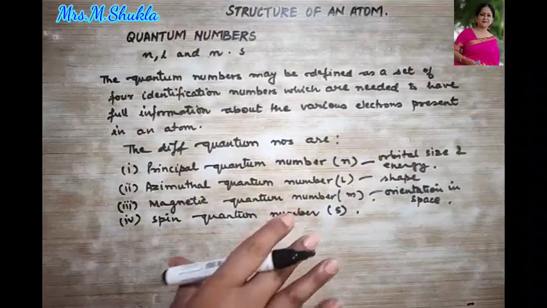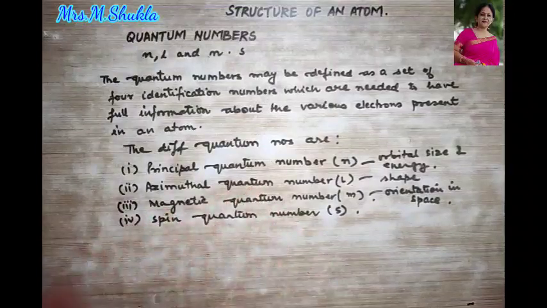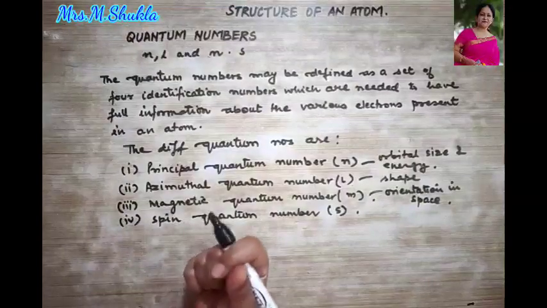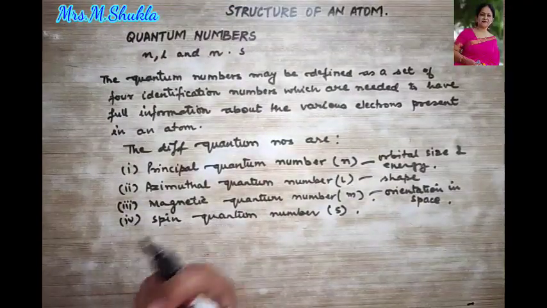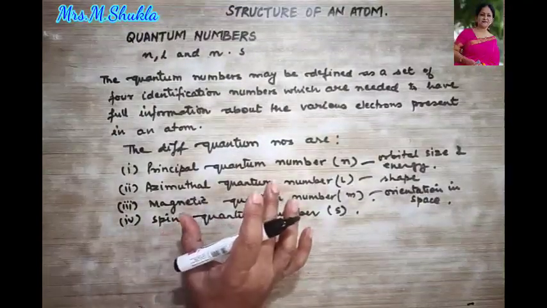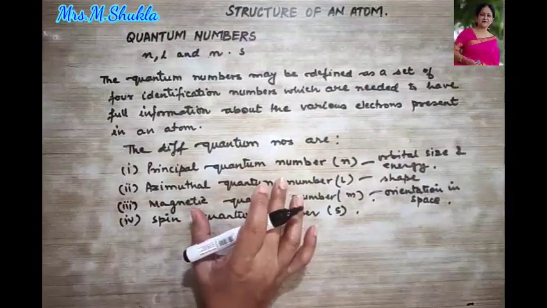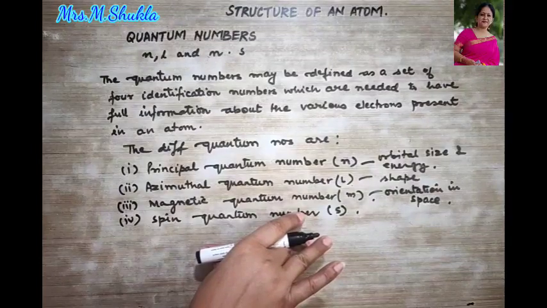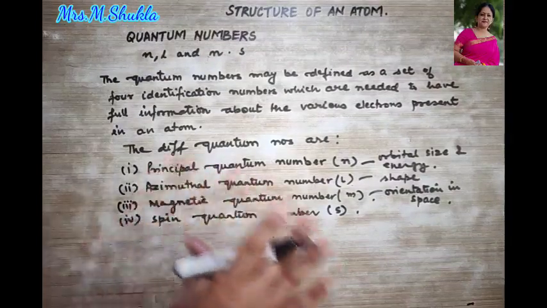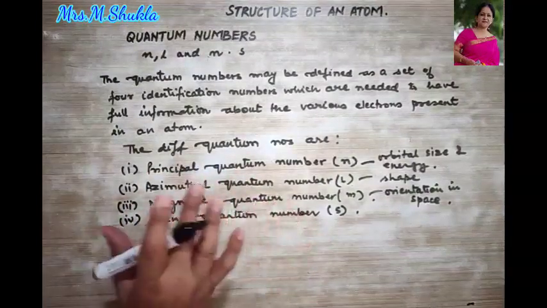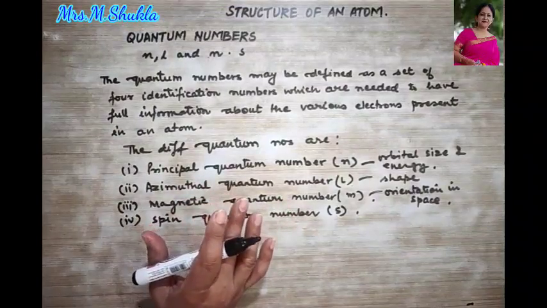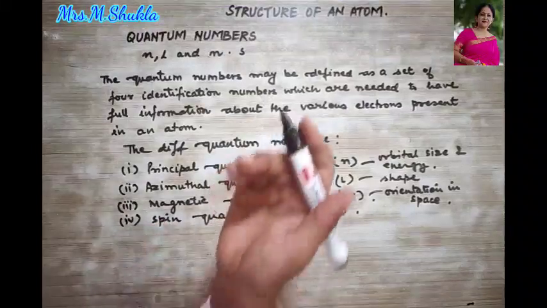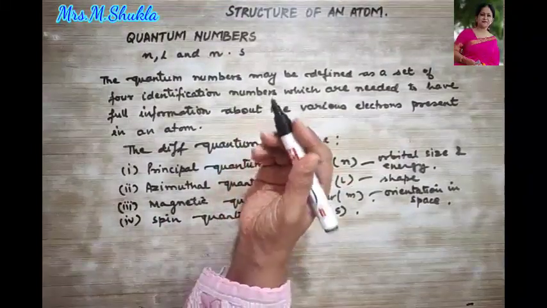Clear? So the electron in a particular atomic orbital has a quantized value of energy, angular momentum, and the magnetic field due to orbital angular momentum, and it is also due to the spin. So the various quantized values which give all the information about an electron present in a particular atomic orbital are termed quantum numbers.